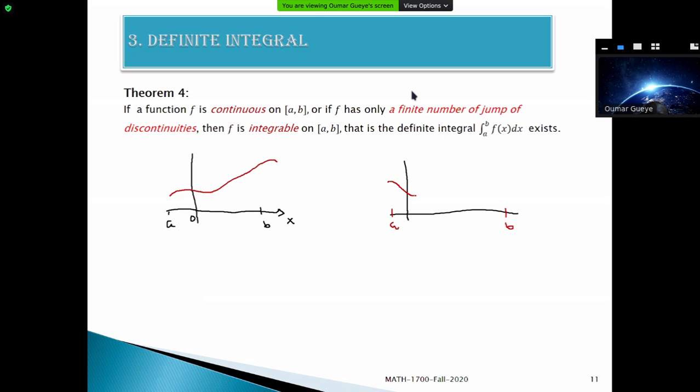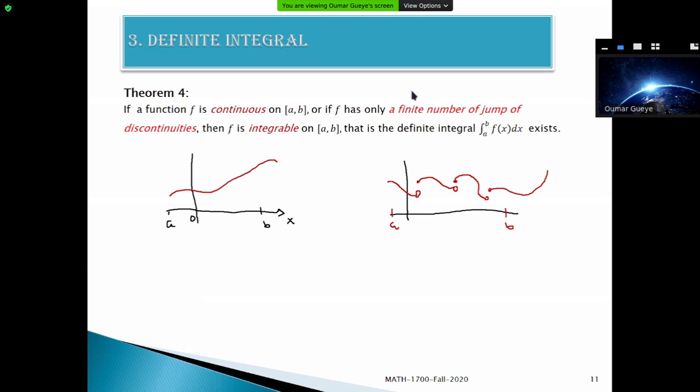It is not continuous at this point, and I have another point here where the function is not continuous, and another point here where it is not continuous. After that the function looks like this.